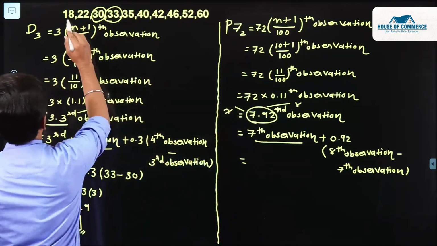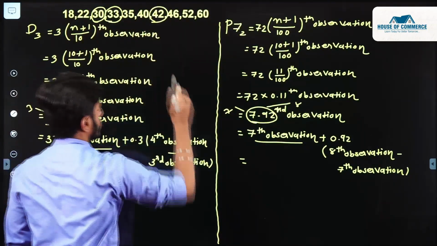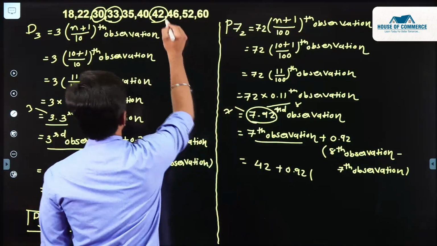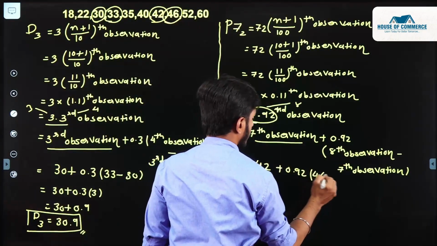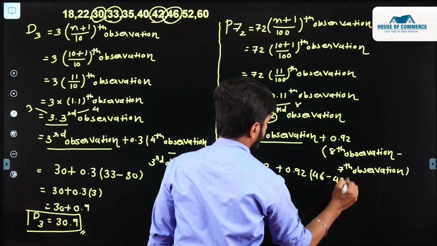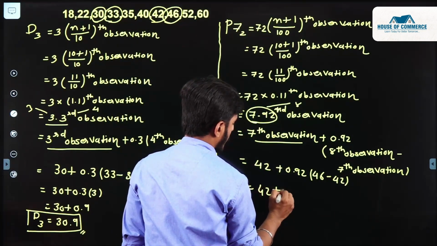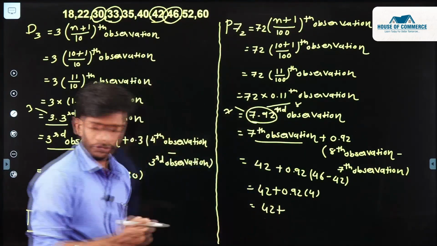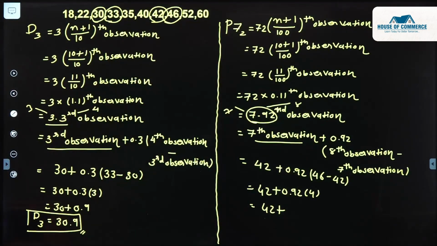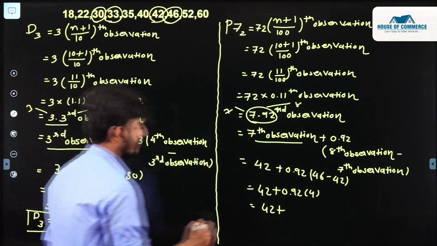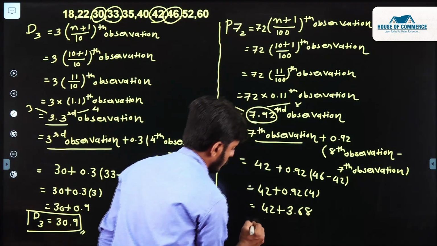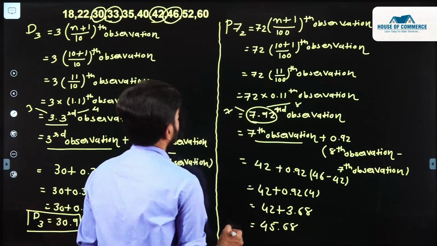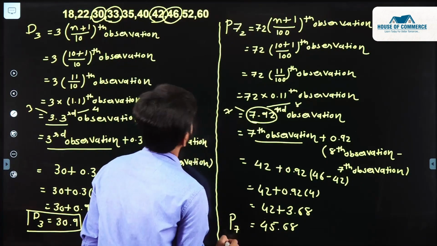Counting 1, 2, 3, 4, 5, 6 and 7, it is 42. So it is 42 plus 0.92 times (8th observation 46 minus 42), which is 42 plus 0.92 times 4. Multiplying 0.92 with 4, I get 3.68. And our answer will be 45.68. Cleared? So this is the value of P72.